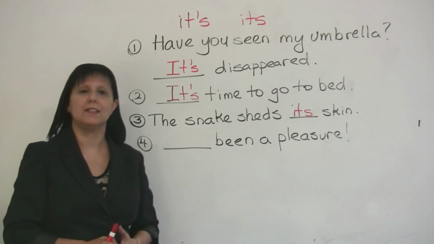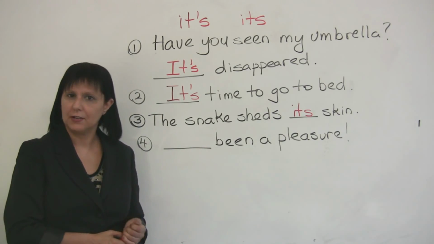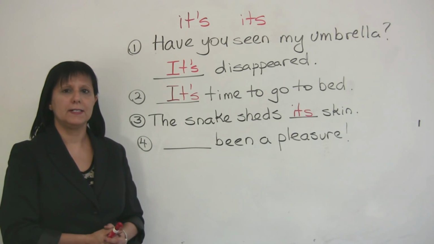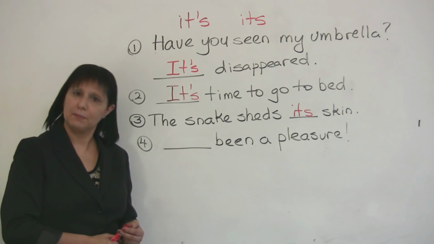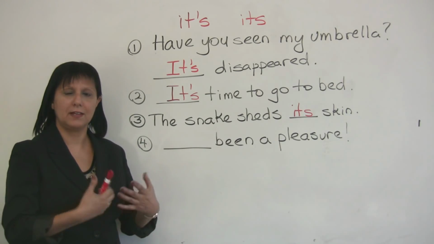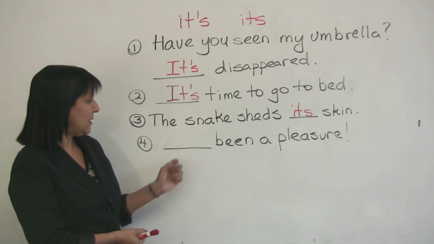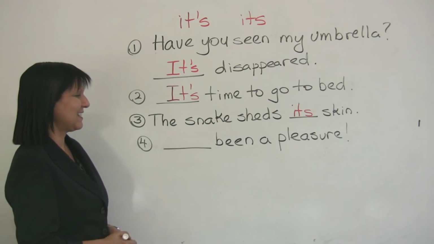Sometimes we say this, for example, at the end of an evening. You might have gone to a friend's house for dinner, might be a little bit of a formal relationship, and at the end of the evening, as you leave, you might say to them, it's been a pleasure, right? It means that you've really enjoyed the evening. It's a very nice thing to say, but if you were writing it, how would you write it? That's the question.